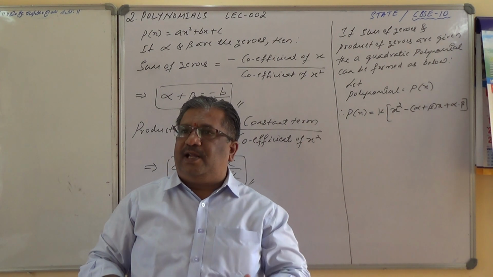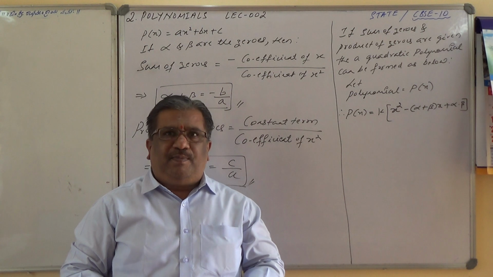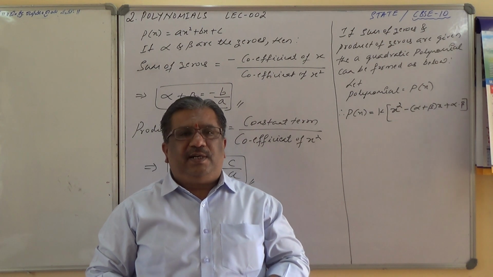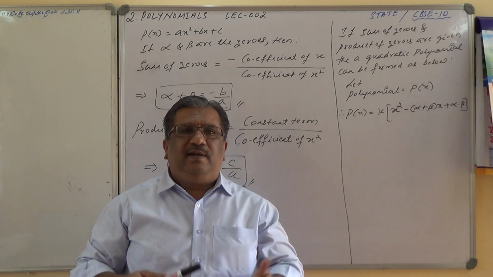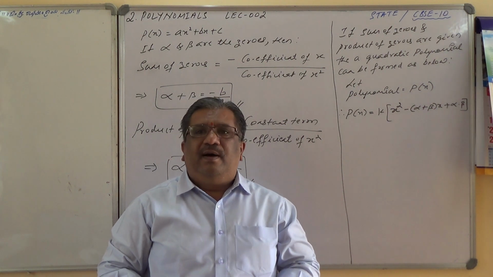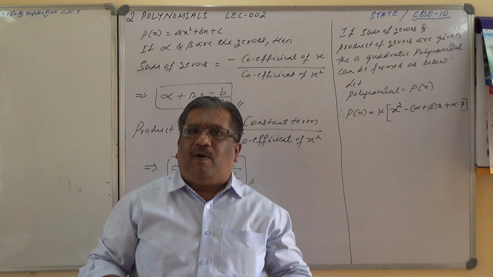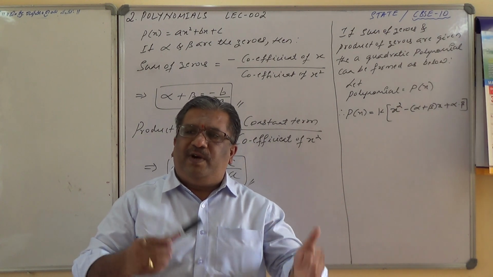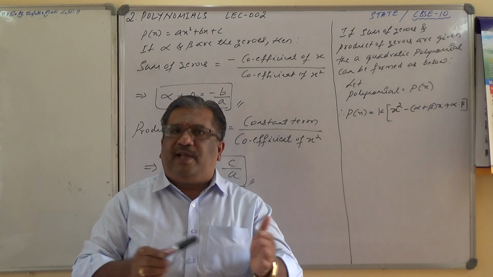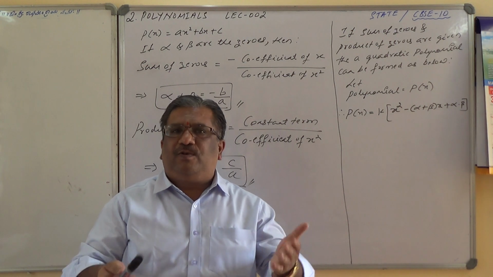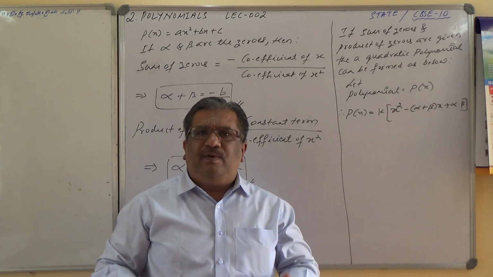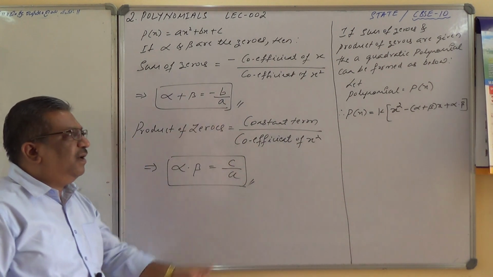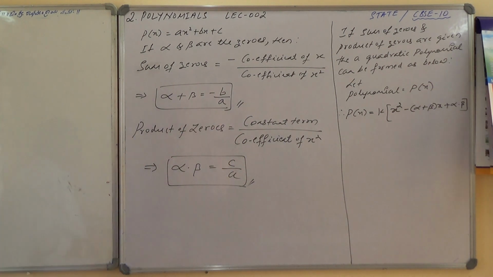In each category I'll take about 3 to 4 numericals, and the important ones also, so that it would be very convenient for students to understand how to solve a particular type of numerical. Otherwise, if we club together all these numericals, it would be very difficult to distinguish between each type and to understand. So it is a simple categorization, and that helps you a lot. First note it down and then we'll start with numericals.